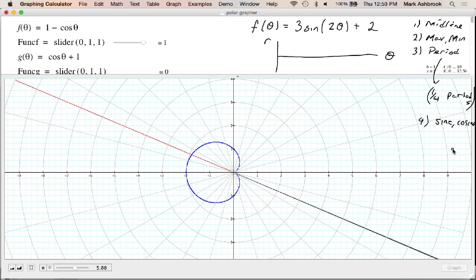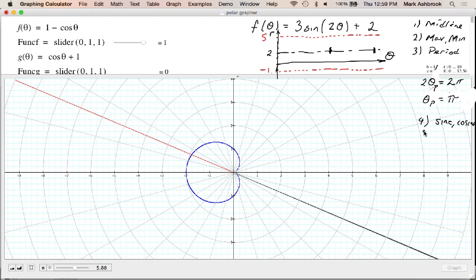So sketch your midline, figure out what your max and min are. Oh, this is not what I want. Sorry. Hold on a sec. No, yes, this is what I wanted. So the period of sine is what? What's the period of plain sine? 2 pi. So we need 2 theta to reach what? 2 pi.